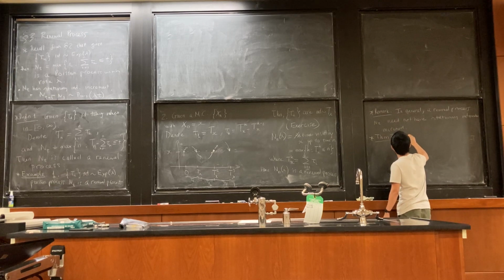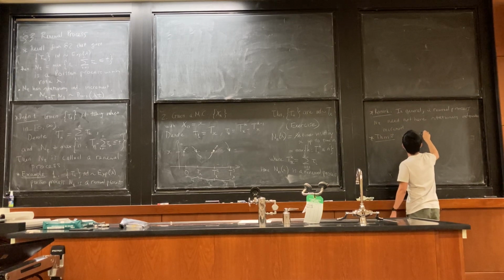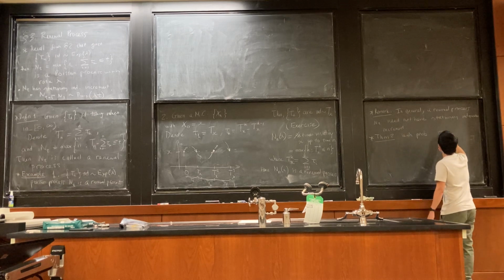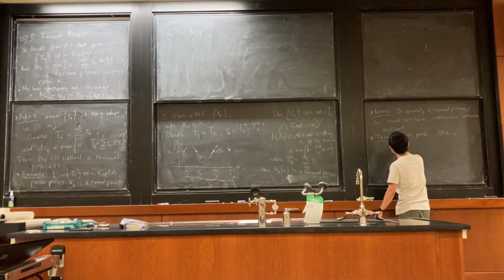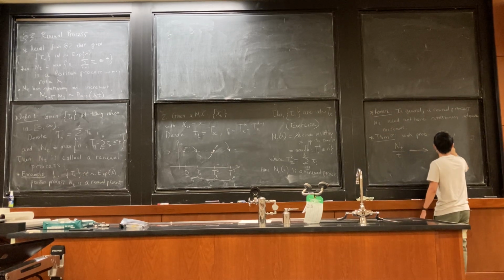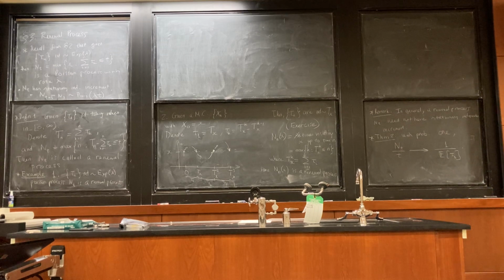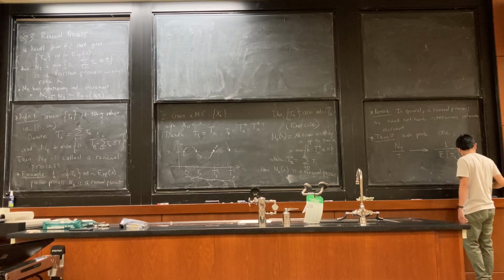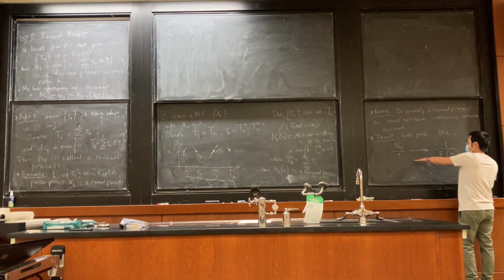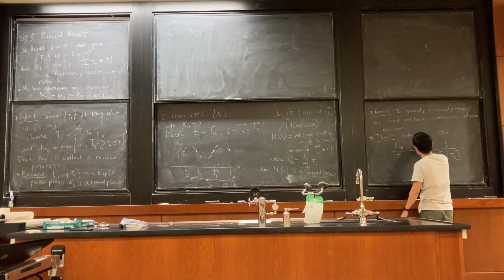With probability 1, the following holds: N_t over t is going to 1 over the expected value of tau. In other words, the probability of this event here is 1.